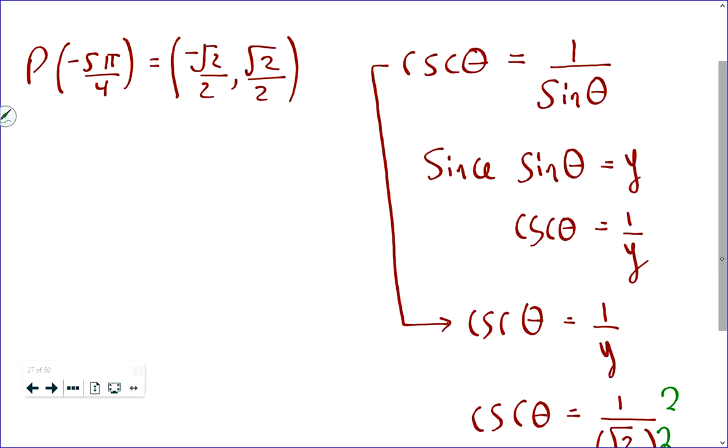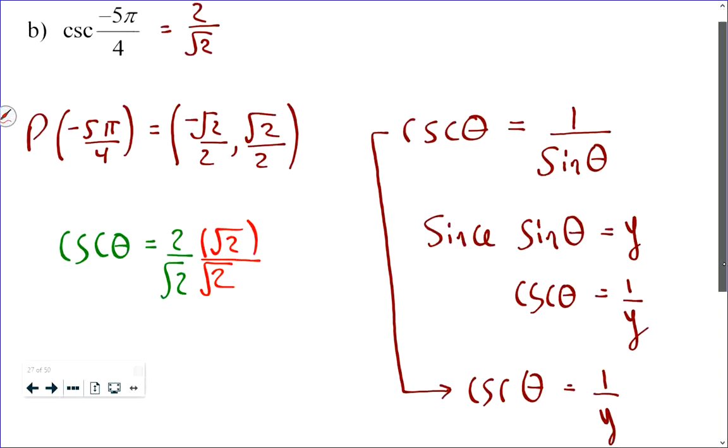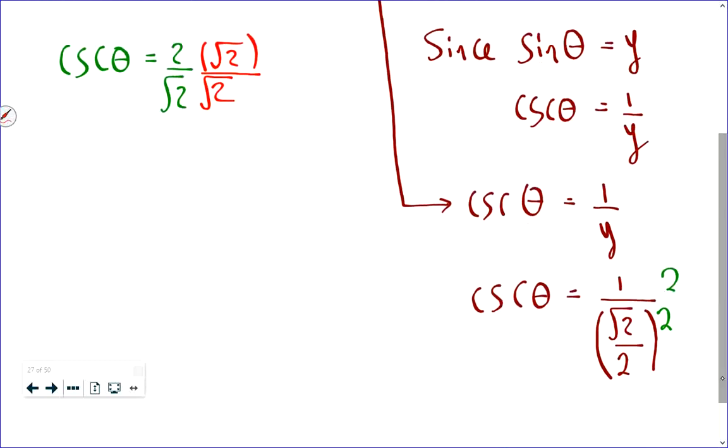By the way, 2 over root 2 is not an acceptable answer here. Cosecant of theta is 2 over root 2. We should rationalize that because we're taught we don't like radicals in the denominator, unless you're in calculus class with me, in which case we like them in the denominator sometimes.